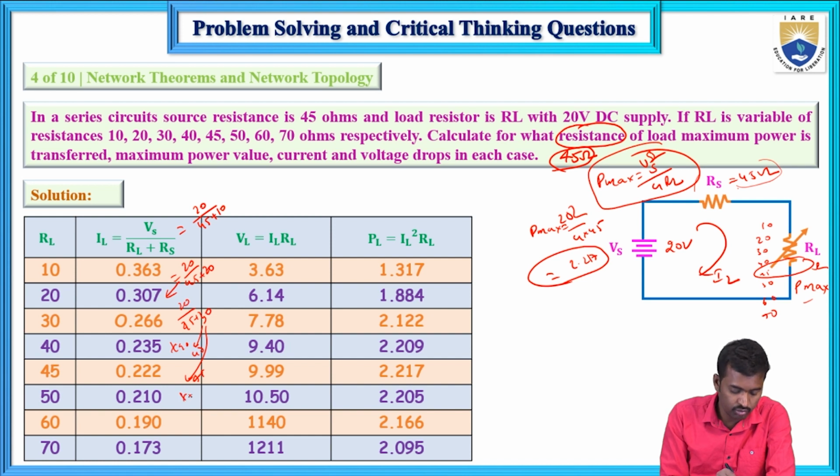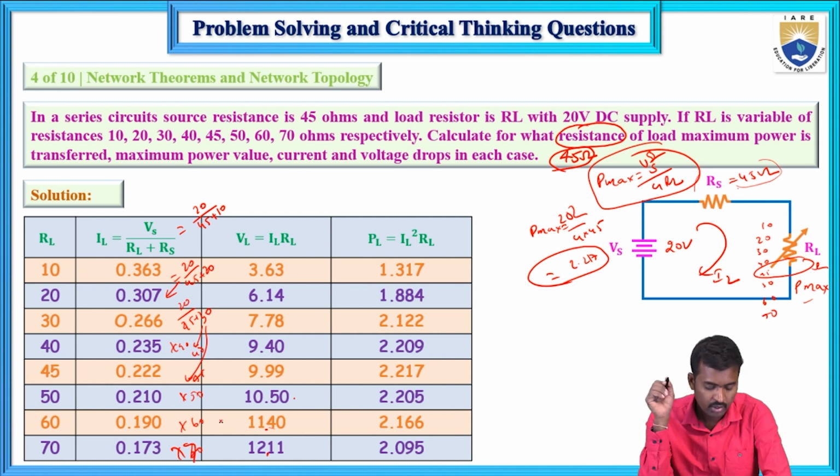Into 50 that equals 10.50, into 60 that is 11.40, and into 70 that equals 12.11.